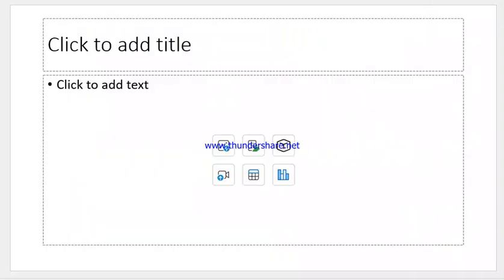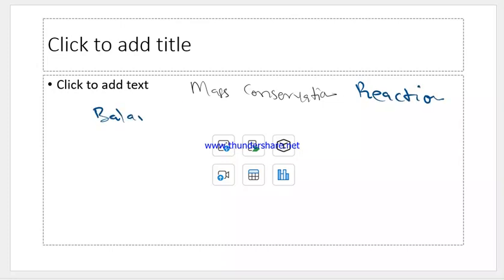What is very constant is that when we are balancing the mass conservation involving reaction, the balance is done in mole, not in kilogram that we were doing before.